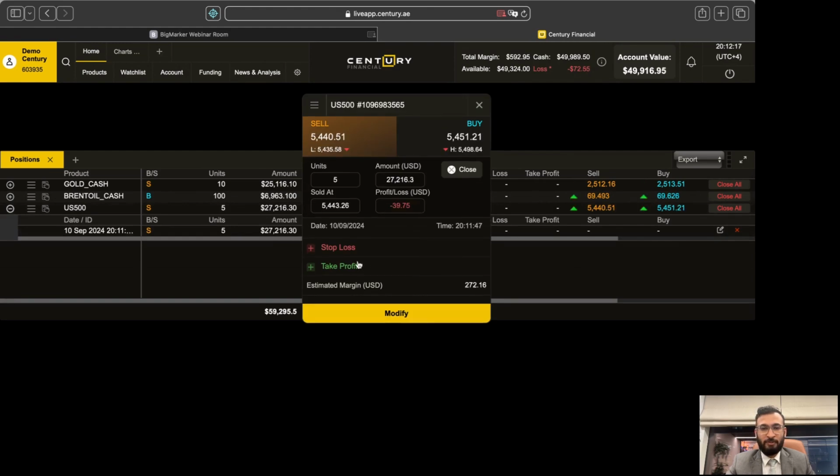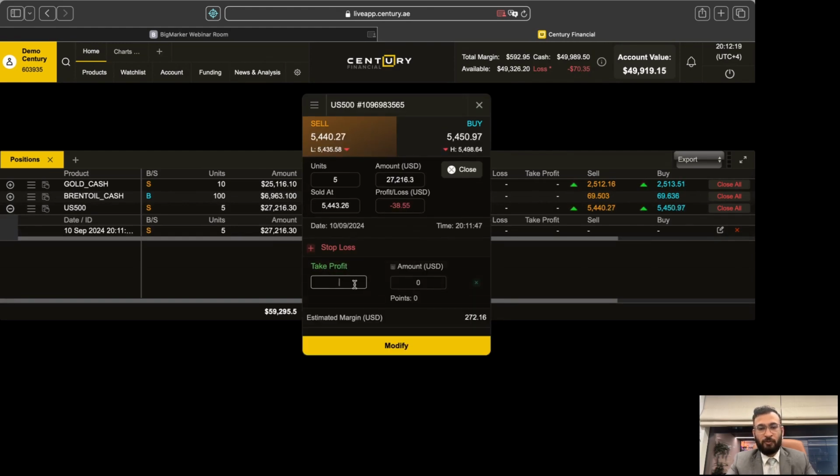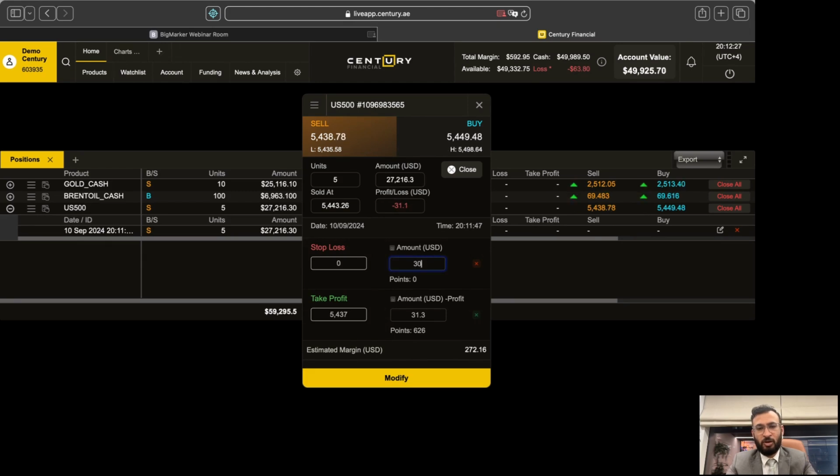So we'll keep a take profit target of 5437, which will be around $30 profit here. And same for the stop loss. Never keep a bigger loss than the profit which you are anticipating. So let's say slightly higher because it's very close.